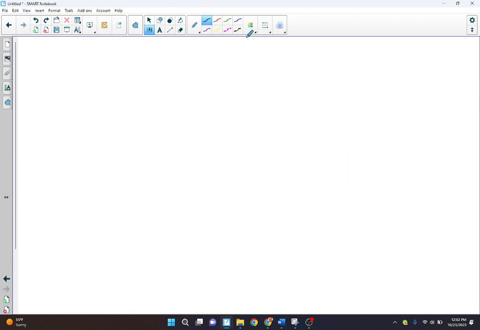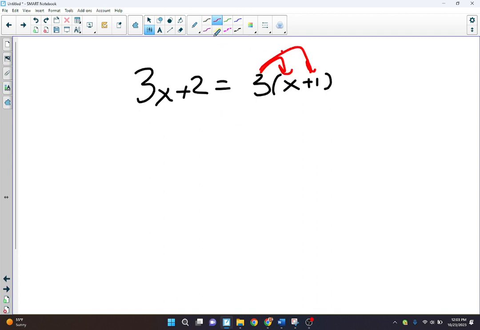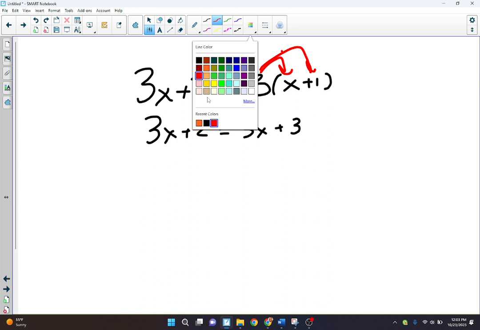Now sometimes there is no smaller x. So for example, 3x plus 2 equals 3x plus 1. Let's say I do this and distribute like normal. So I get 3x plus 2 equals 3x plus 3. Now I want to move the smallest x.